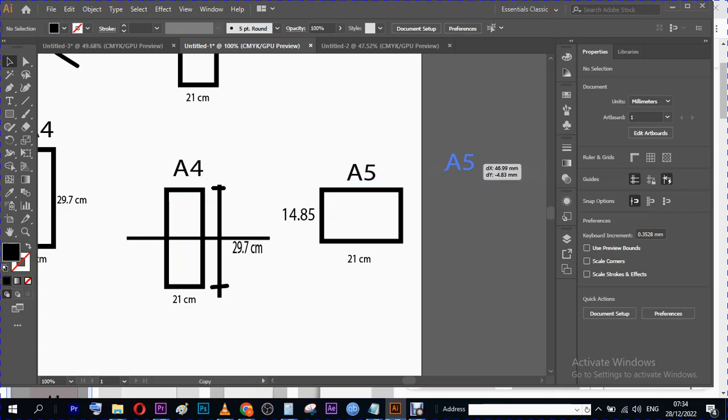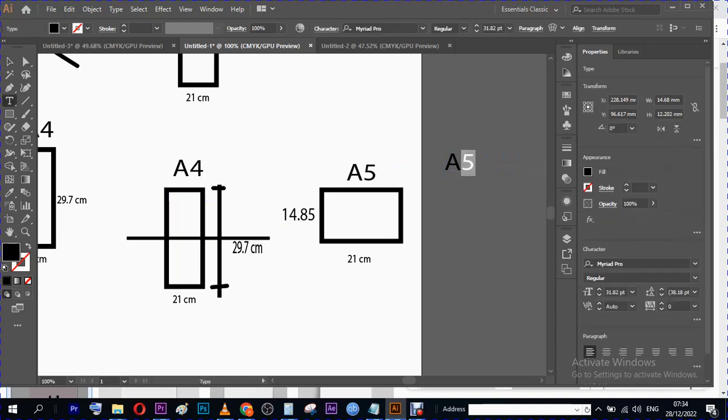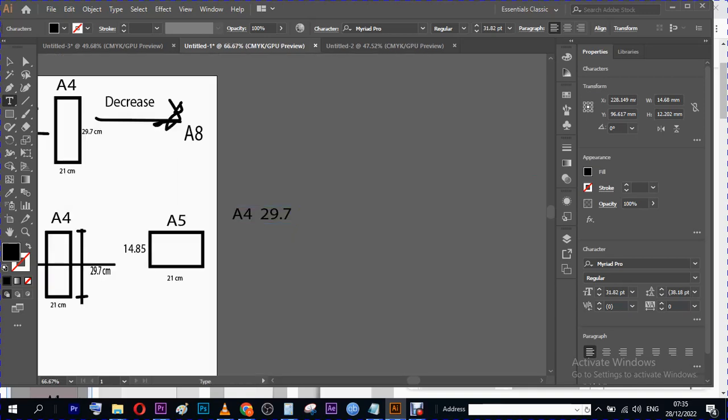Let me show you something. You'll happen to see it here. Our A4 was 29.7 by 21 centimeters. These are all centimeters.